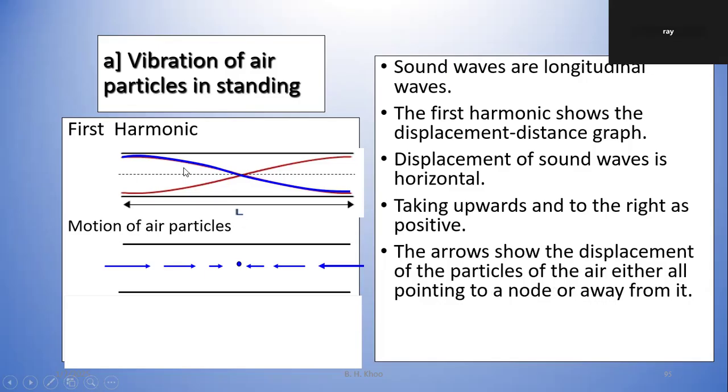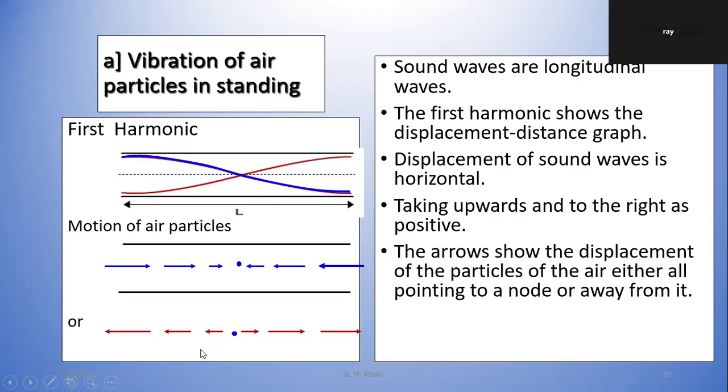If you look at the blue one, at this point there's the amplitude. At this point, smaller amplitude. There's the node there, it's not moving. This one is negative, the negative is going to the left. Same here, negative is going to the left.